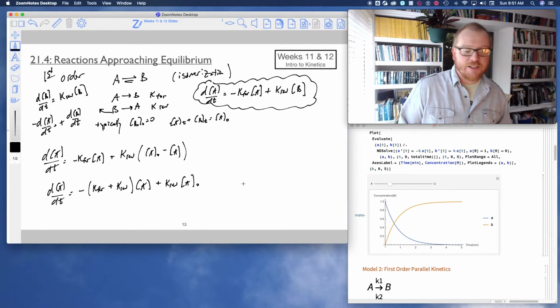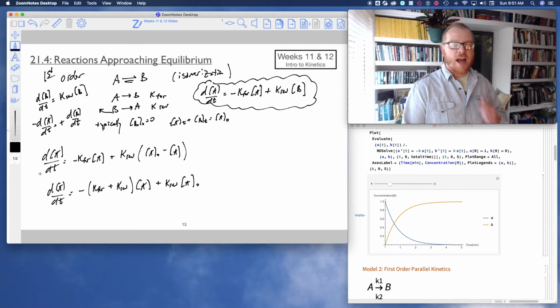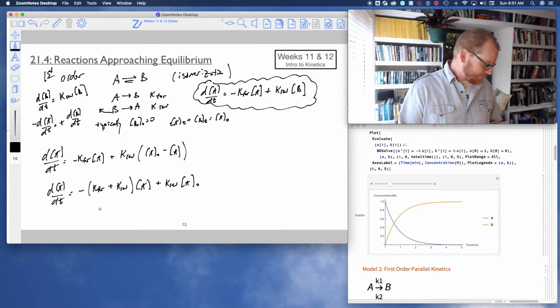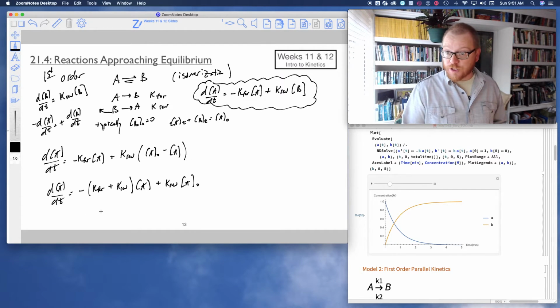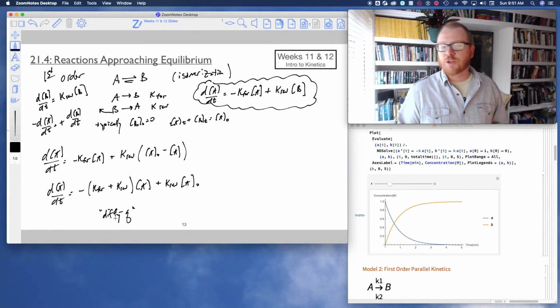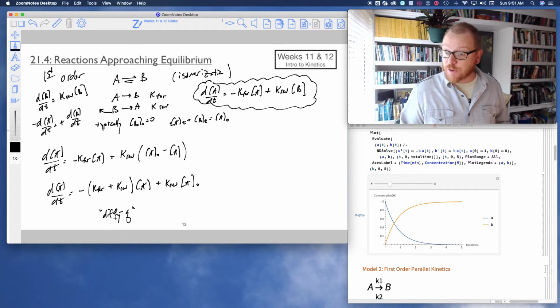And this is put into this form because, as it turns out now, this is a standard first order differential equation. And so we call that a diff-EQ. That's what some folks call differential equations. And it has a standard result.